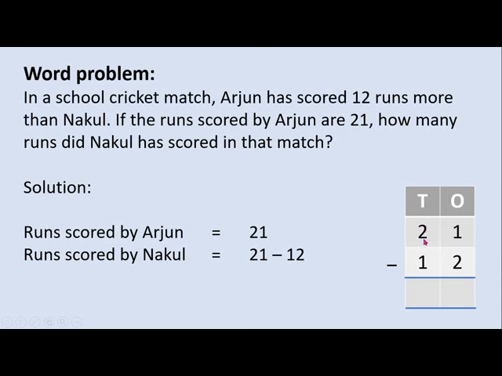Here in tens column we have 2, which can be written as 10 plus 10 ones. If you take those 10 ones to the neighboring or ones column, the number 1 now becomes 11 after borrowing 10 ones from the adjacent column. Now we should subtract 2 from 11.